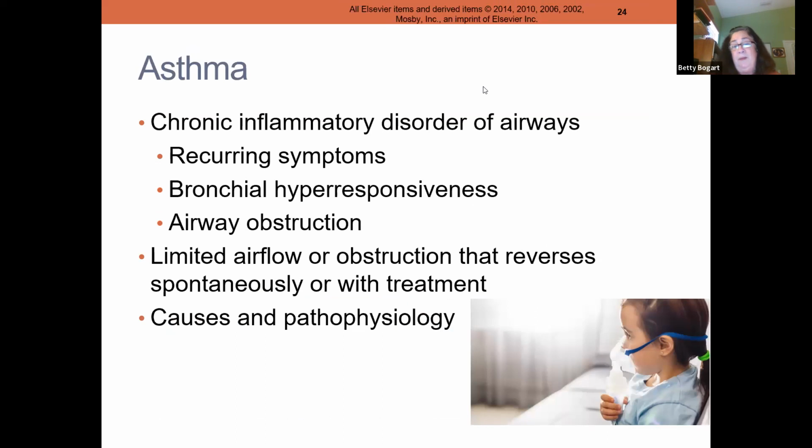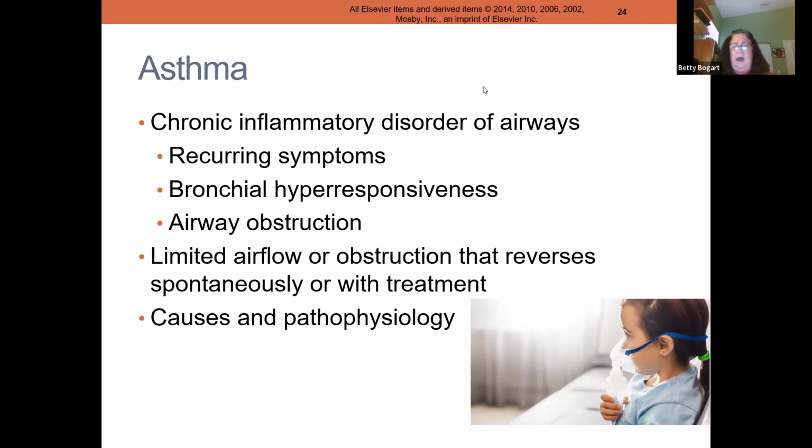So asthma, probably the most common of all childhood illnesses. Many children have various degrees of it. What it is, is your lungs have this hyper responsiveness and they get swollen due to usually some sort of allergen. It could be food, pollen, cats, dogs, dust, bed mites, so many things.